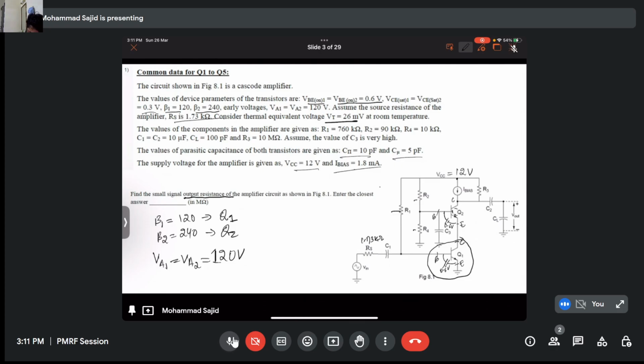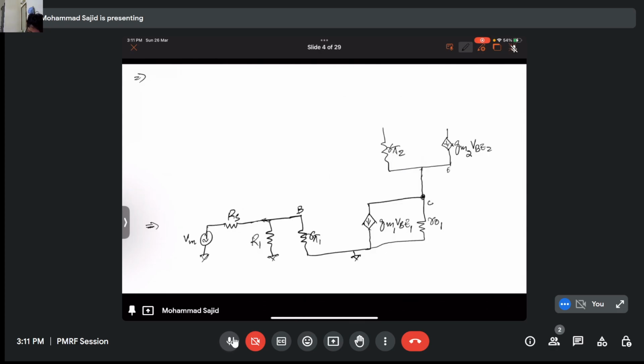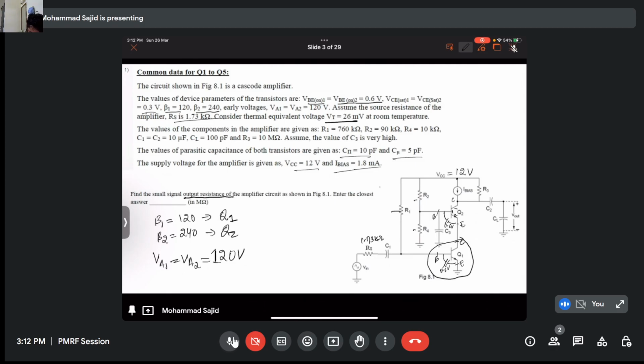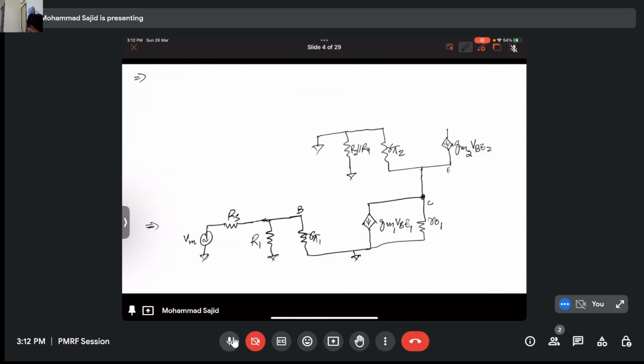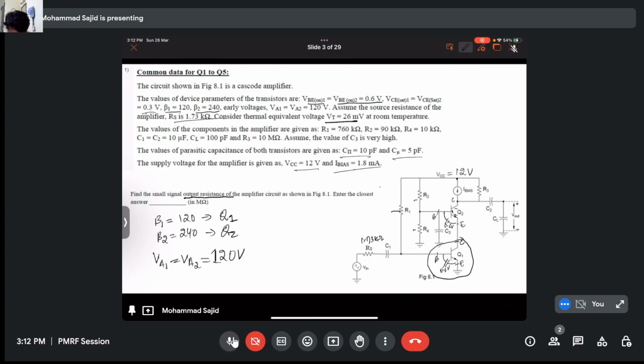There are R2 and R4 in parallel. We will have R2 parallel R4. And this has to be grounded because there is no supply. This is the DC supply, so it will be grounded. Alright.